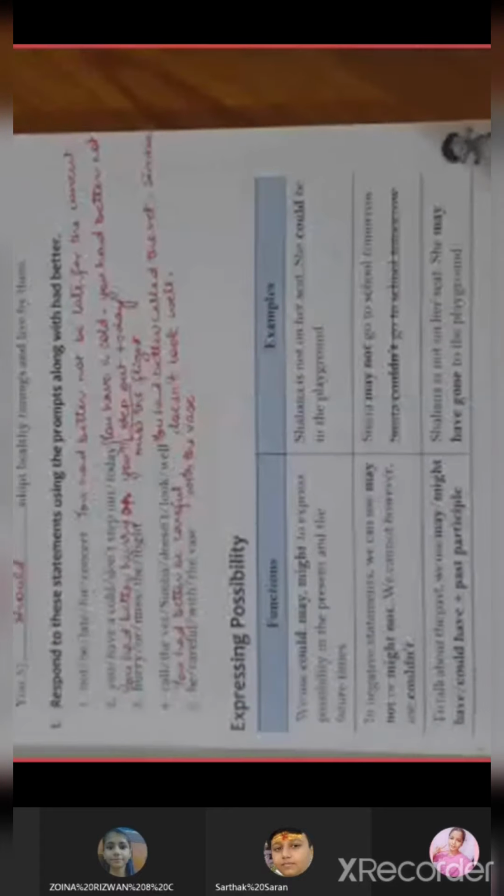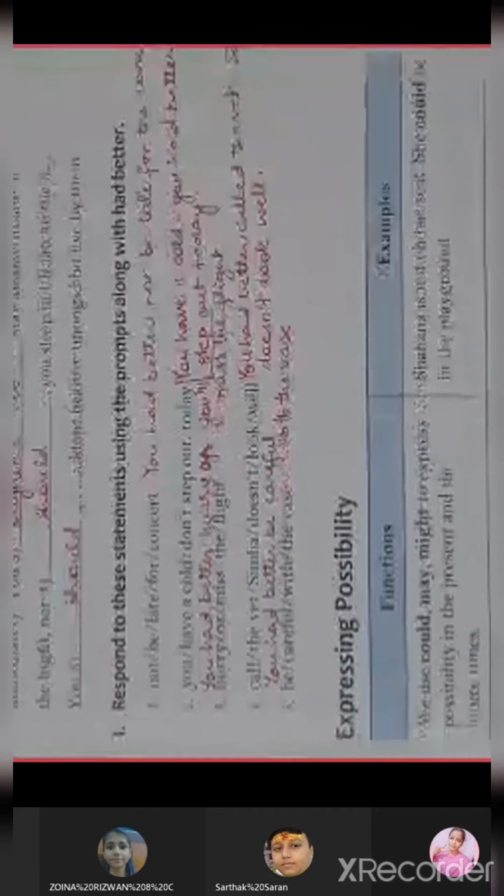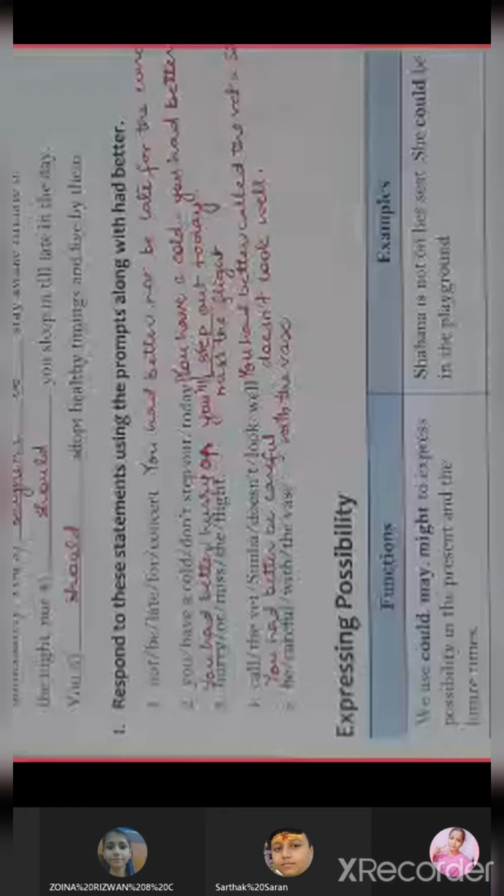The next is exercise H. Now, coming on to exercise H, complete the sentences with should or shouldn't, ought or oughtn't. That means ought not.